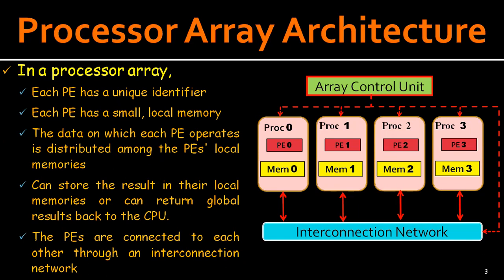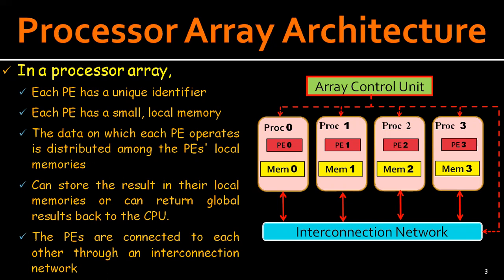This figure contains a schematic diagram of a typical processor array. The PEs are connected to each other through an interconnection network that allows them to exchange data with each other.